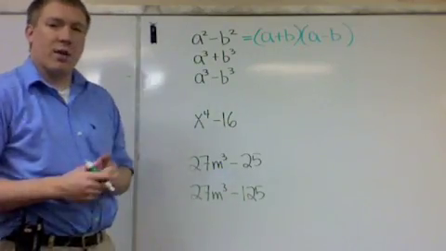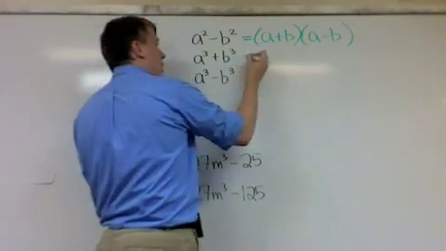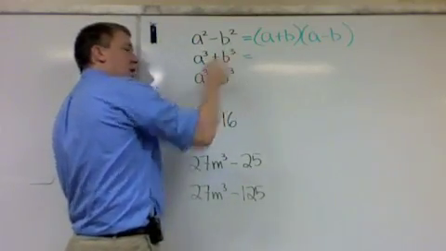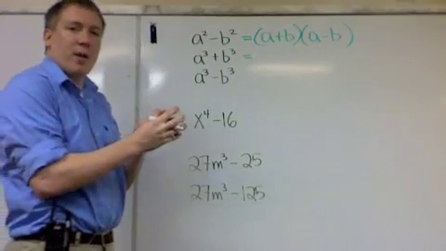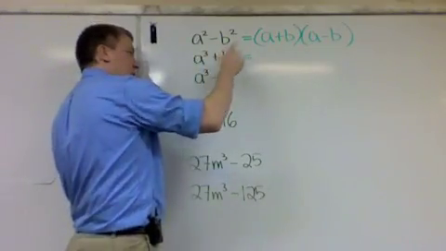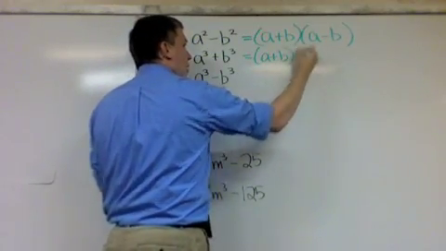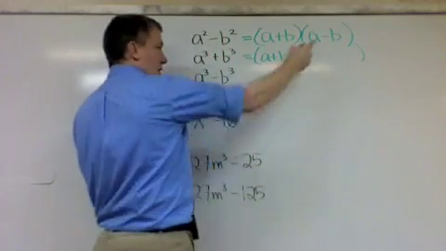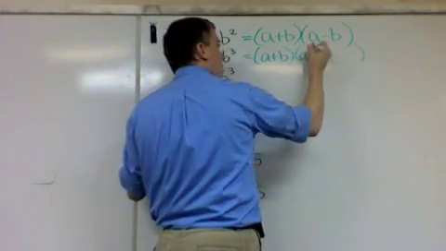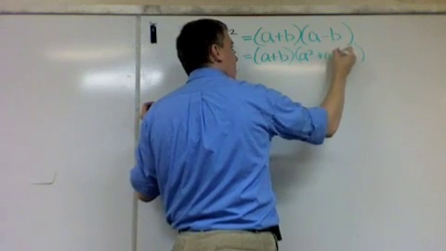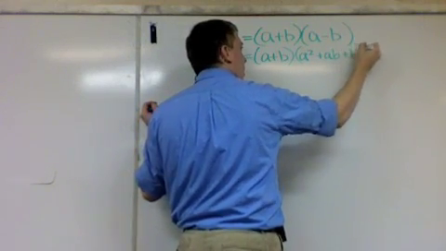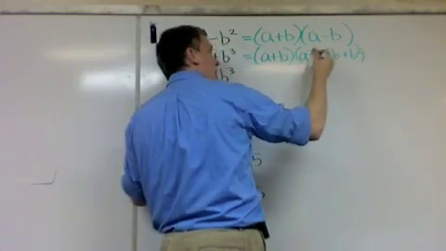Here's the sum of two cubes. This is a cubed plus b cubed. So sum, meaning plus, of two cubes, both cubed. This factors as a plus b, and in the other parentheses is something different than here. Actually, scratch that.